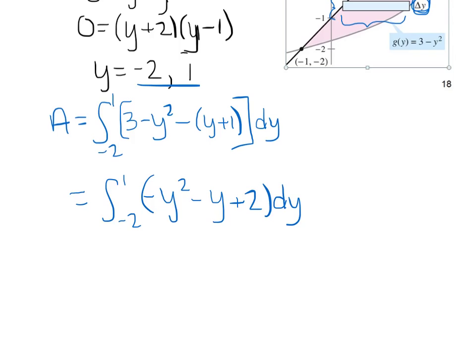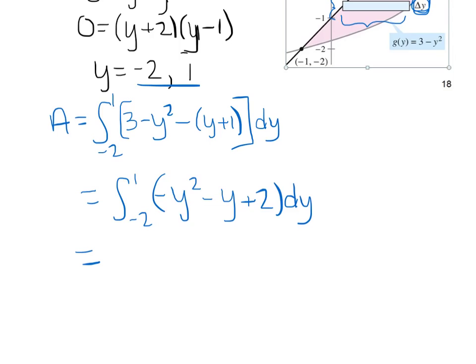So now when I integrate, this is going to give me a negative y cubed divided by 3 minus y squared divided by 2 plus 2y, and I'm evaluating that from a negative 2 to a positive 1.